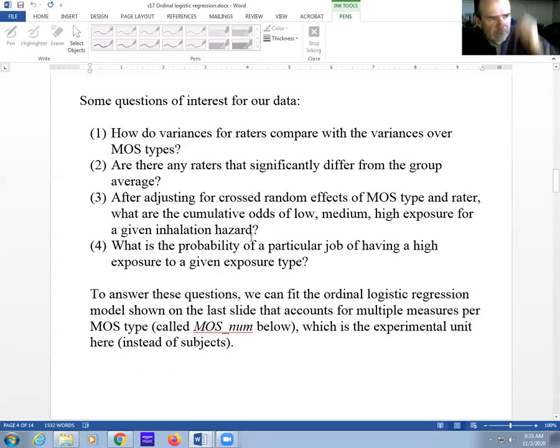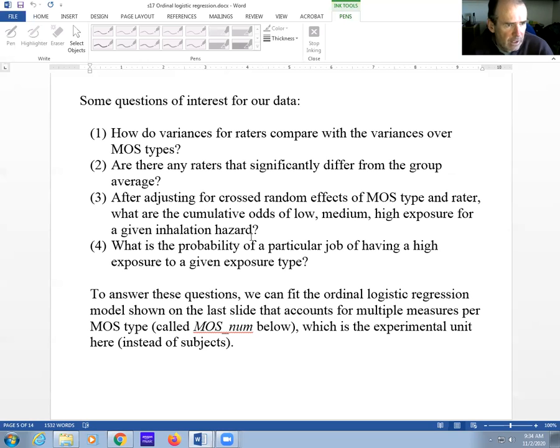Some questions of interest for our data. How do the variances for raters compare with variances over the job types? Are there any raters that significantly differ from the group average? And we can get that if, in our random statement, we add solution, then we automatically get t-tests to see the deviations and see whether they're significant for individual raters. And we can also do that for job types.